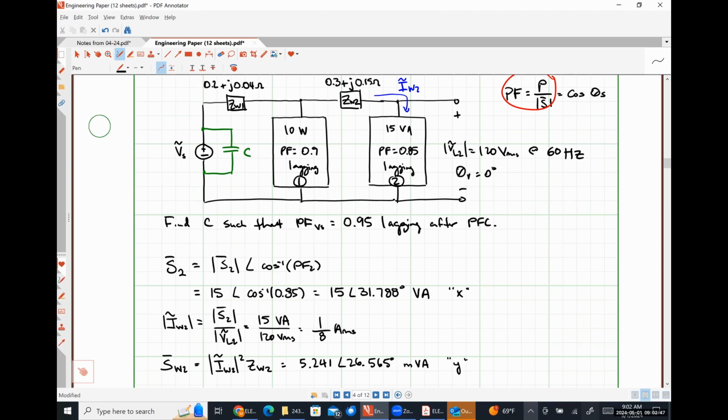Effectively, we are treating that voltage VL2 as if it were a reference, okay? Or at least the phase angle there is a reference. Because we're ultimately only concerned about getting a magnitude of a voltage in order to calculate that capacitance, this is going to work out for us fine because the phase angle is completely inconsequential.